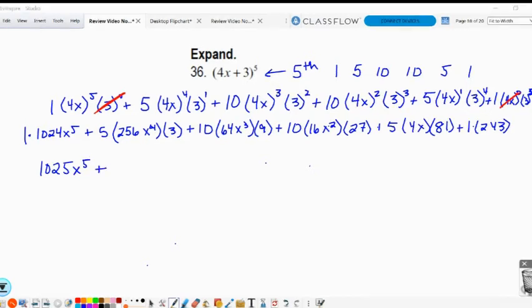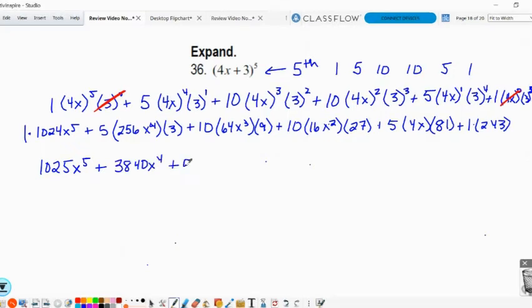In the next term, sorry about that, we're going to do 5 times 256 times 3. So the total of our next coefficient is 3,840, and we have x to the fourth. In our next term, 10 times 64 times 9.